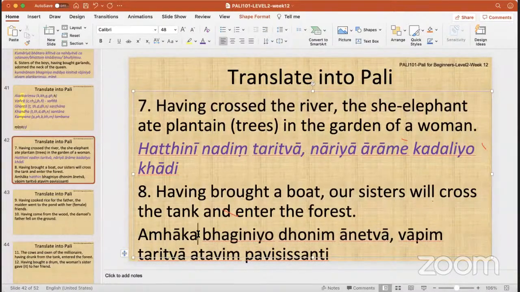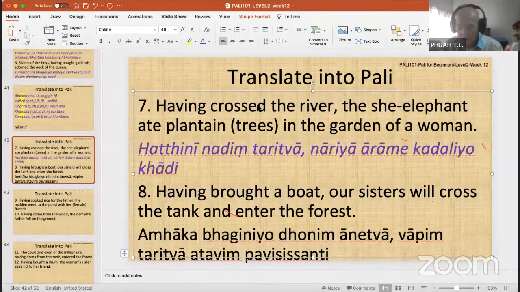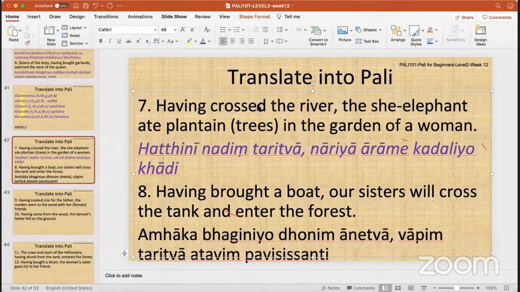One question, Bhante. Taritwa means having crossed, but this one is will cross. Our sisters will cross the tank. See what happens here, we can use that way also. We'll cross the tank and enter the forest.